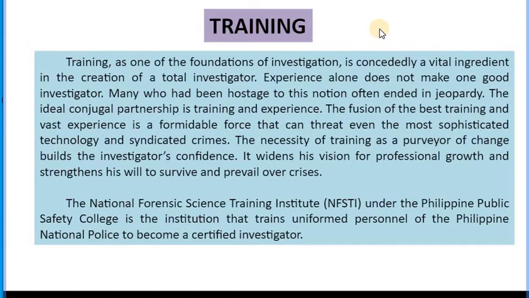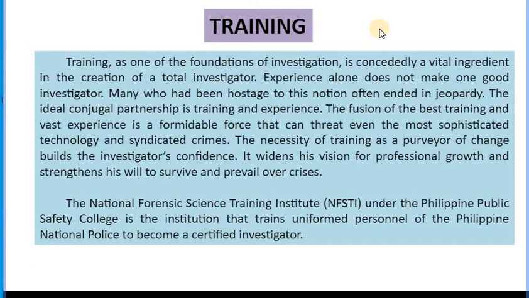So, the ideal conjugal partnership is training and experience. In order for you to have a good foundation of investigation, kailangan experience and then training. The fusion of the best training and vast experience is a formidable force that can threaten even the most sophisticated technology and syndicated crime. If you have enough training and experience for that crime, magiging successful lahat ng investigation nyo.